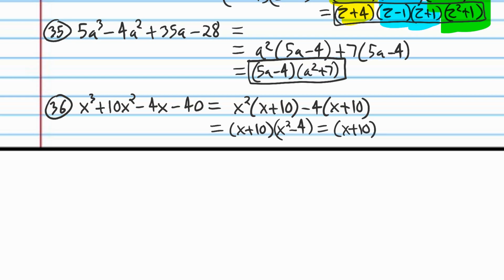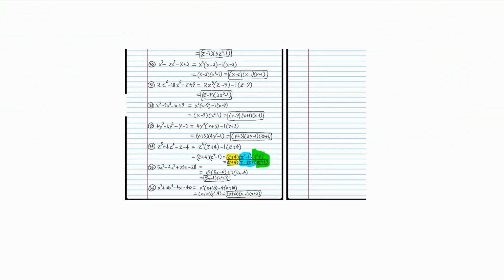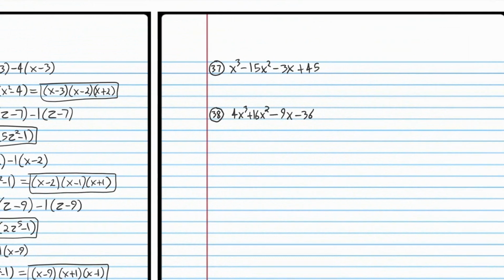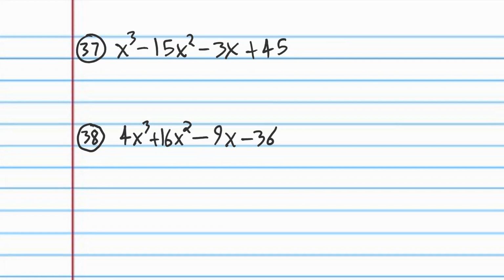X plus 10 times x minus 2 times x plus 2. And we're done. So if you got that answer, good job. All right, on to number 37. We're almost done here. If you made it this far, you're doing good. So go ahead and try number 37, and when you come back, we'll do it together.